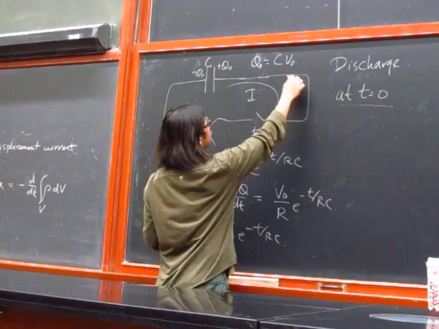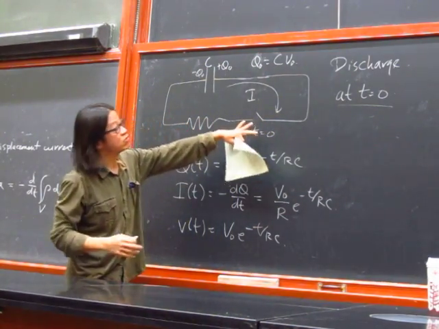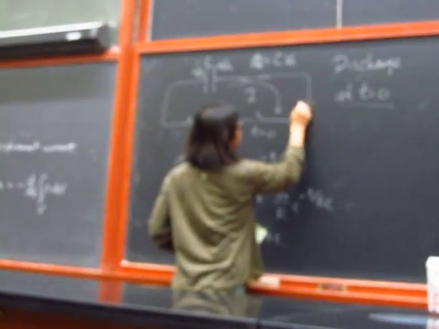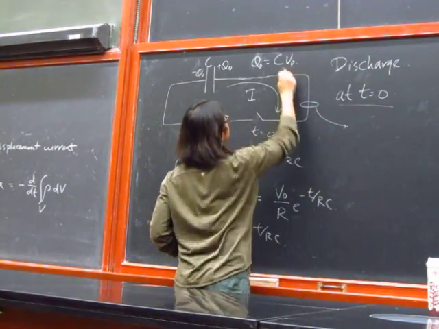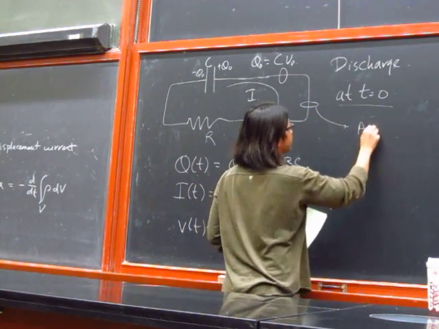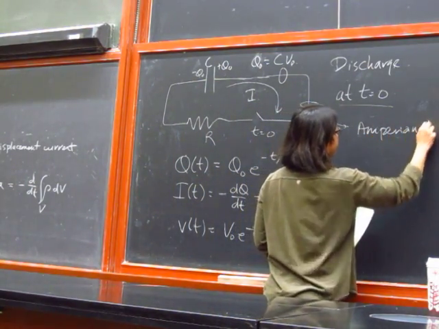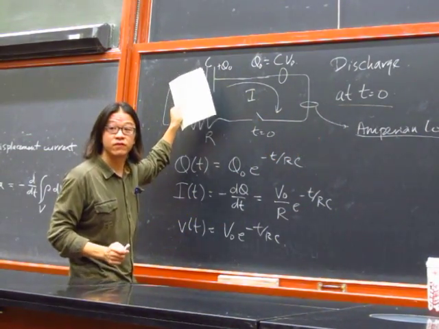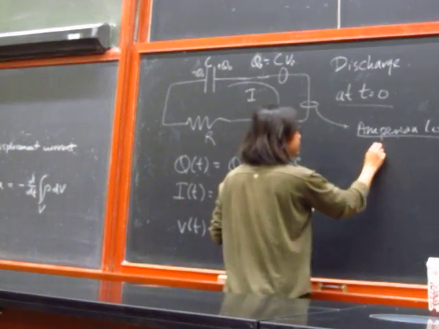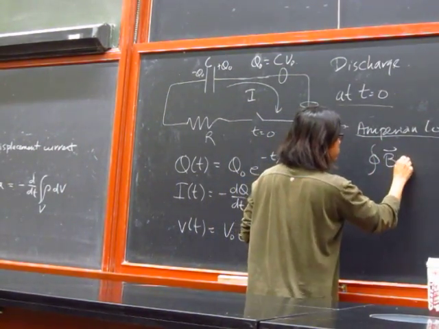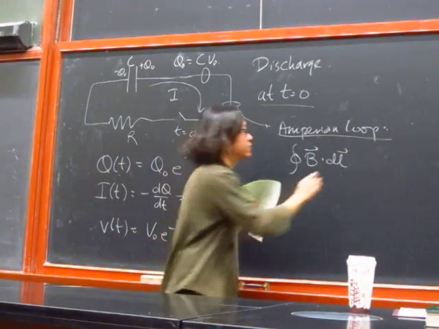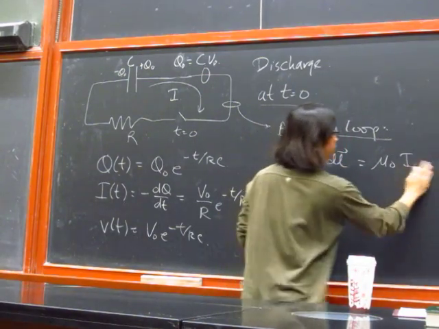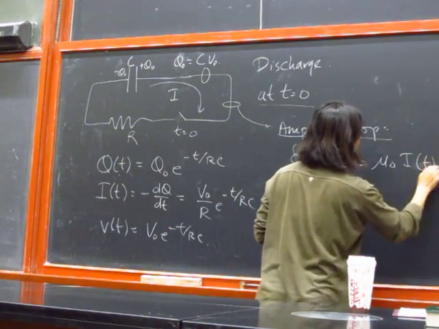So what happened here? During the time of the discharge, if I look at an Amperian loop here, or even here, or wherever, far away from the discharge, far away from the capacitor, then Ampere's law tells you that the closed loop line integral of B dl has to be equal to mu naught I, where I is a function of time.